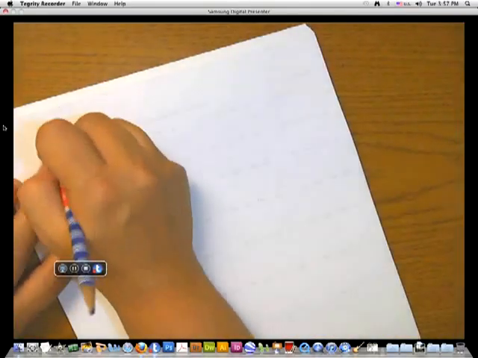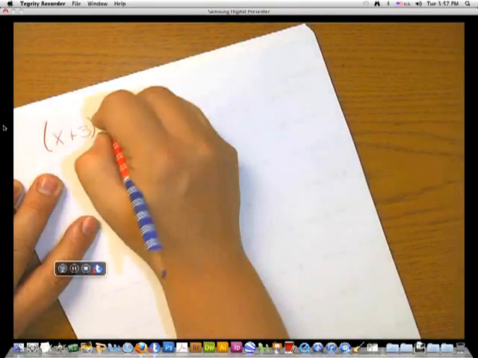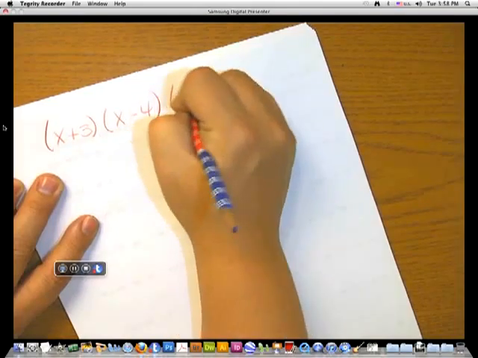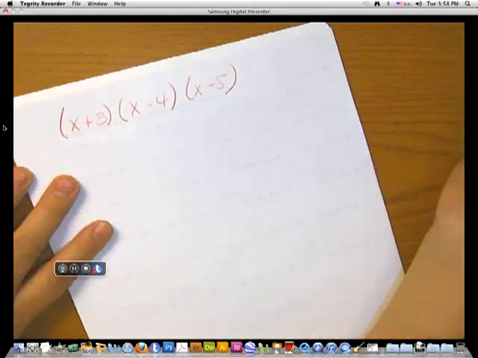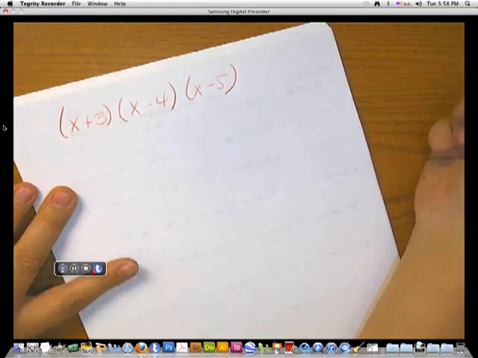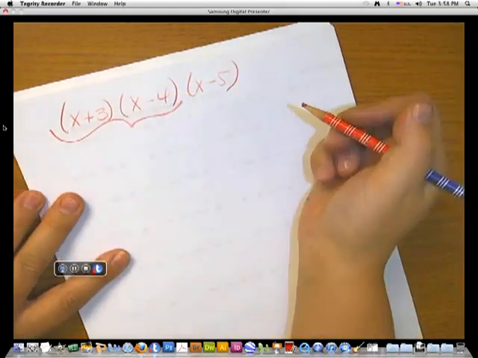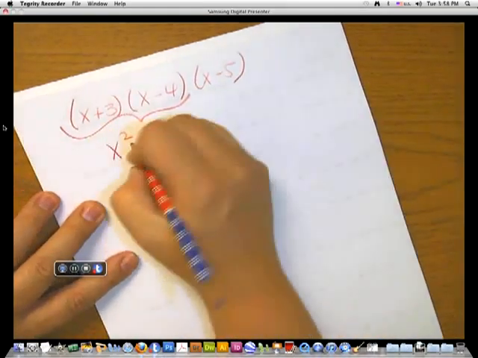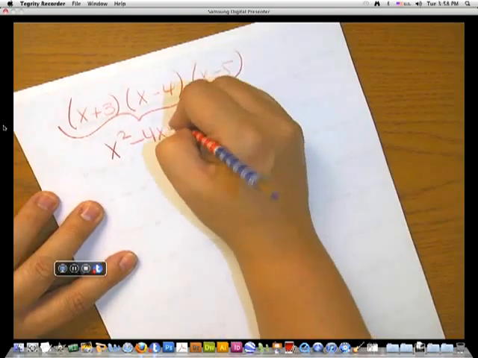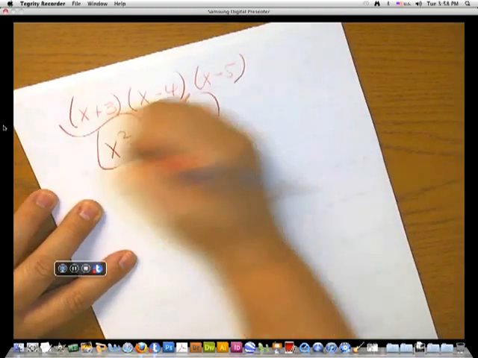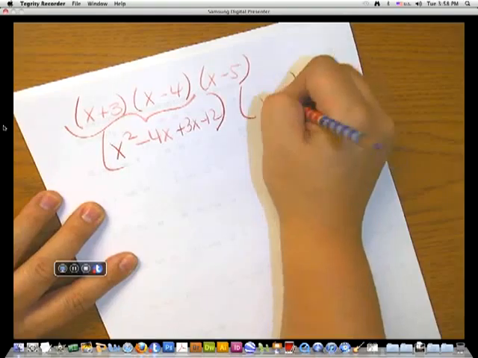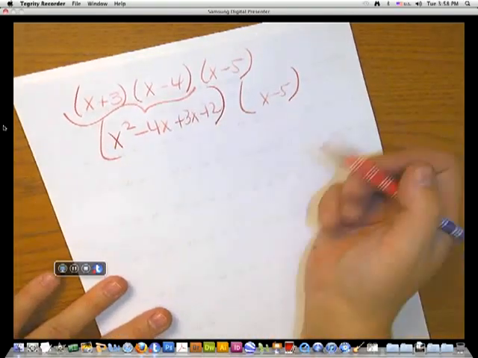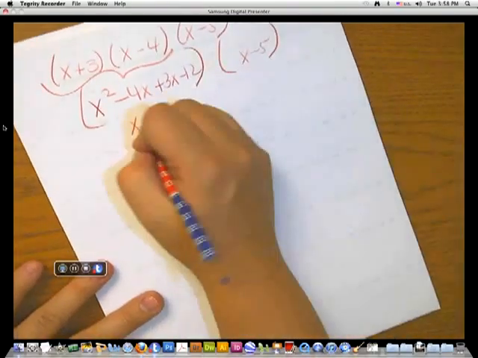If you have 3 of them, it doesn't change what you do. You still multiply, but just like any other multiplication, you can only do 2 at a time. So x squared minus 4x plus 3x minus 12. Now you can combine terms here to make it smaller, doesn't matter.